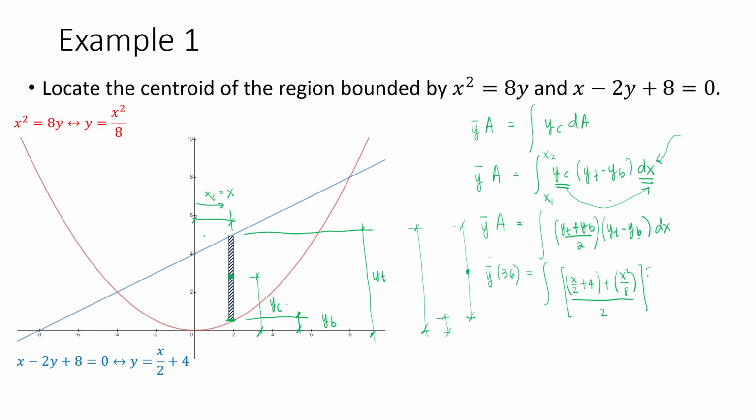And then y top minus y bottom, so this is x over 2 plus 4, minus x squared over 8, and then dx, going from negative 4 towards 8. Again, we did not make y sub c equal to y because we are integrating with respect to x, and there would be a conflict between the variables, because everything should be in terms of x.